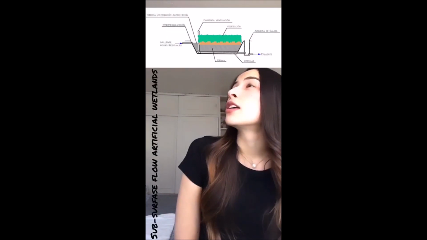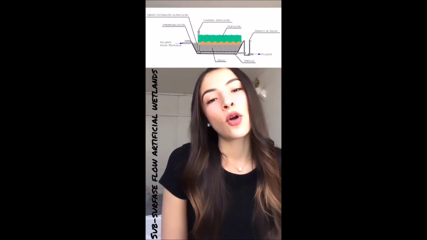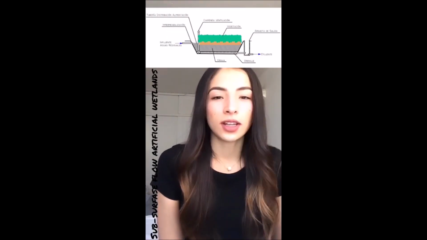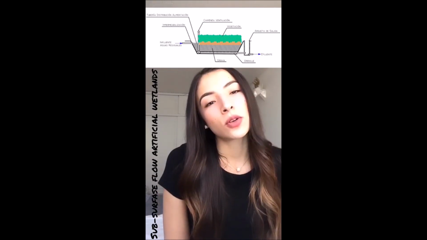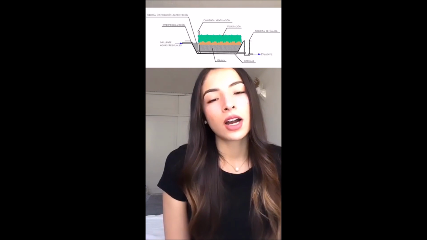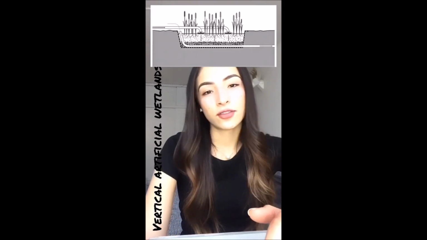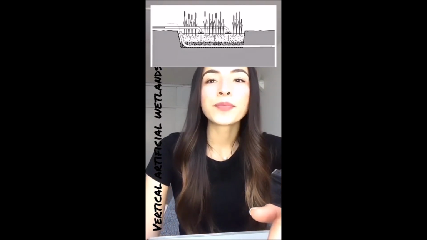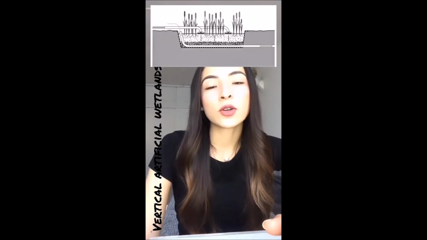Second, subsurface flow artificial wetlands. Water circulates underground through a granular medium or substrate. Vertical artificial wetlands: the water circulates vertically through the substrate intermittently.